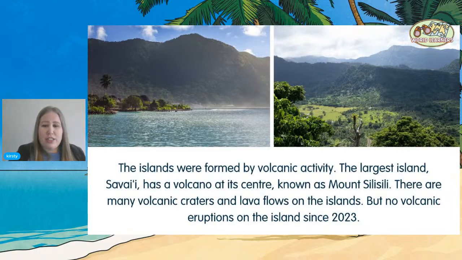The largest island, Savaii, has a volcano at its centre, and that is known as Mount Silisili. There are many volcanic craters and lava flows on the island, but no volcanic eruptions on the island since 2023. Not really very long ago. So yes, that would still obviously be classed as active volcanoes.